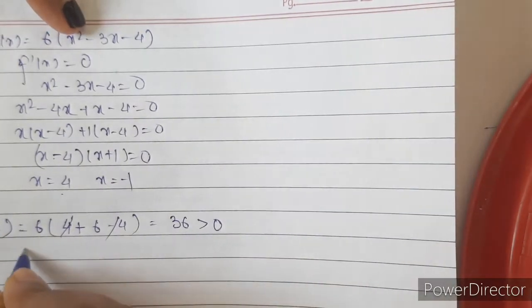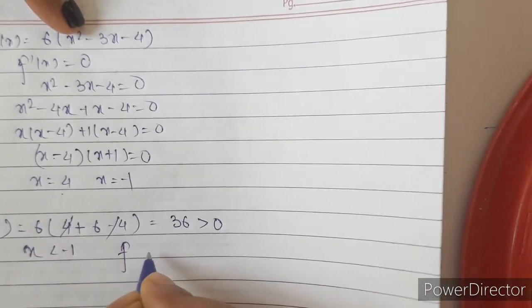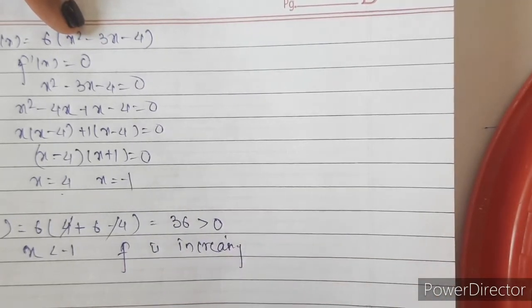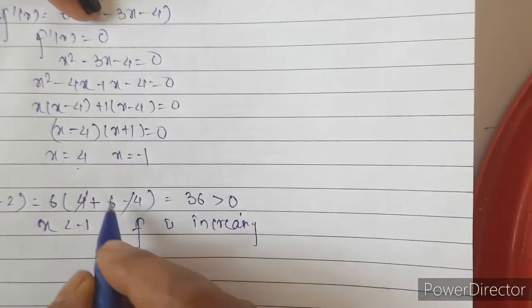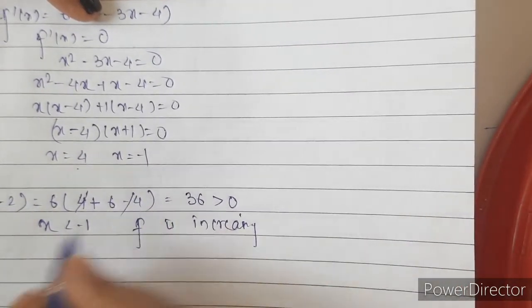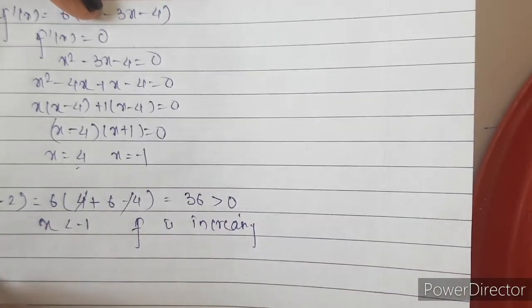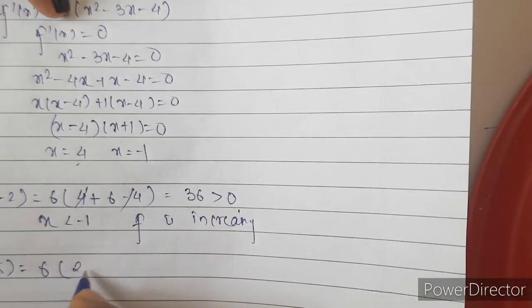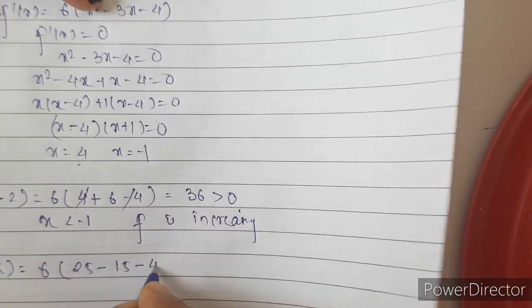It means for x less than minus 1 the function f is increasing. Okay. Now let's check for x greater than 4. So let me take 5. So it will be 6 times, 5 square is 25, minus 15, minus 4.